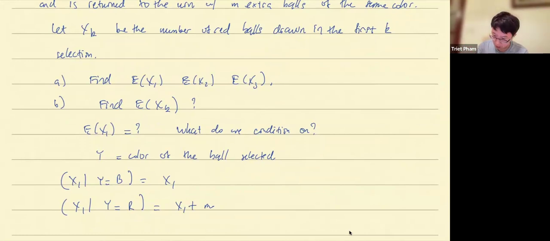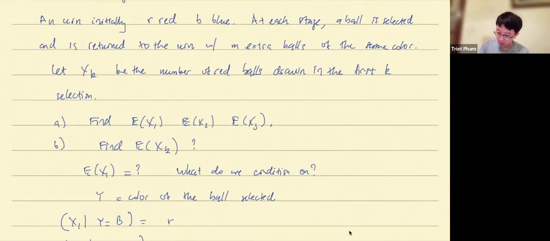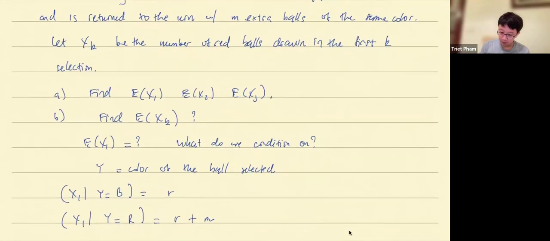wrong. X1 is the number of reds after the first draw. So this should be just R and R plus M, because initially you have R reds.